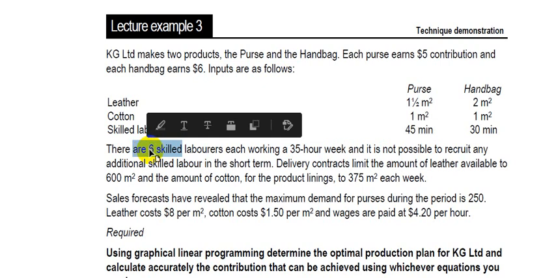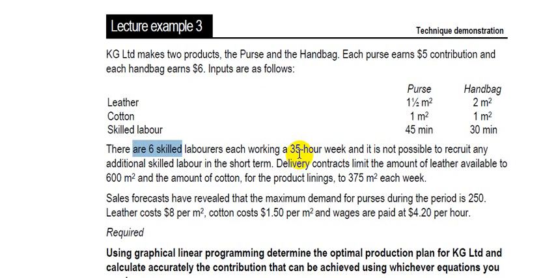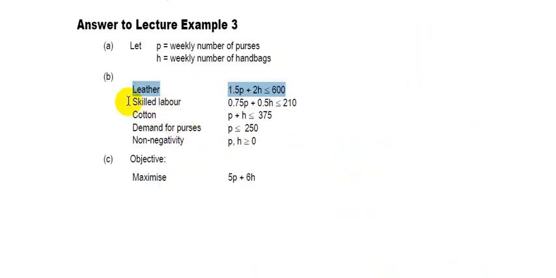So we've got 6 laborers times 35. So a constraint is formulated as 0.75 P plus 0.5 H is less than 210.